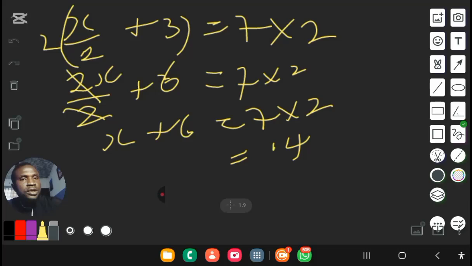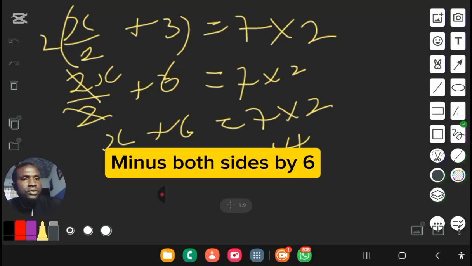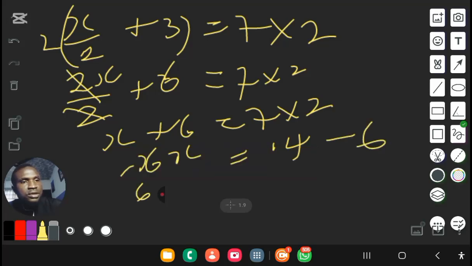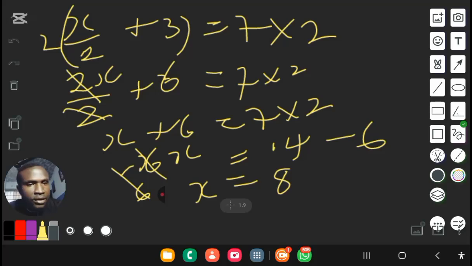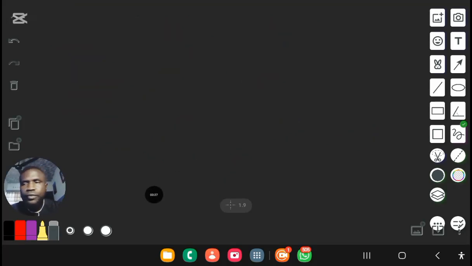Then x plus 6. What do we do? Minus both sides by 6. So minus 6. Yes, minus 6. When you cancel both sides, x is standing alone equals 14 minus 6, is going to give us what? 8. So that is our answer for trick number 2.